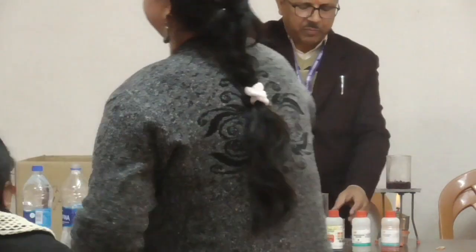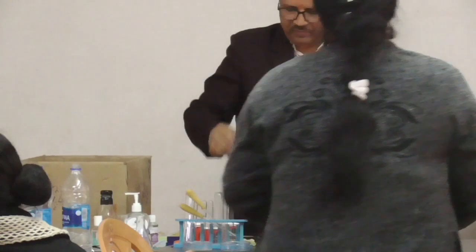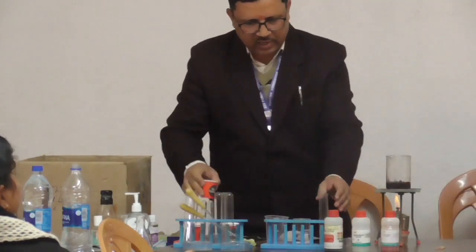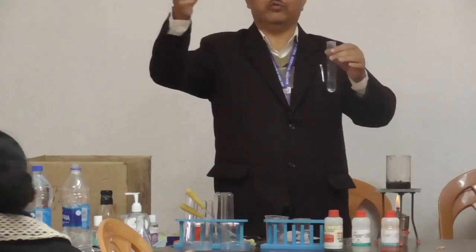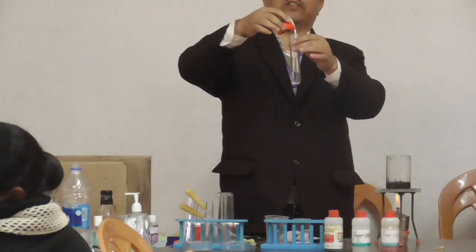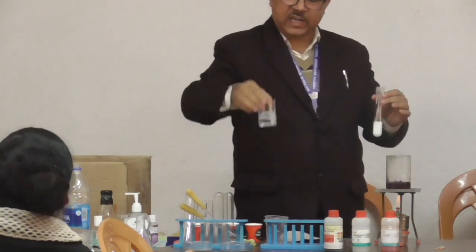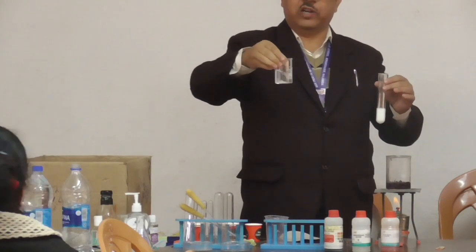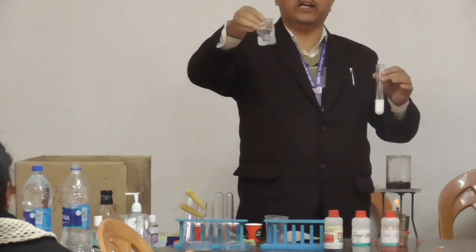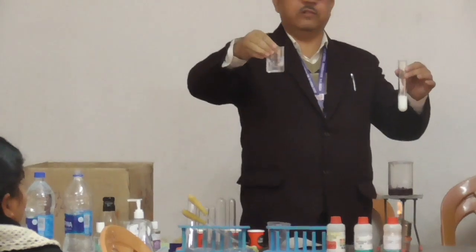I have some sand particles. The third one is milk. Let's add some milk. Stir it well using the glass rod. If you do not have a glass rod, shake it well like this.